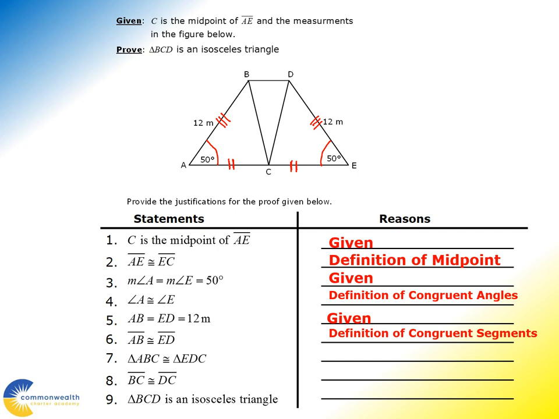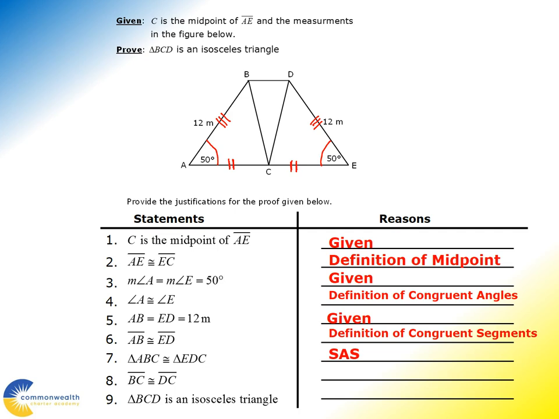We can see here that with the congruences we've established in the prior steps, we do have this side-angle-side pattern, which means we have two pairs of congruent sides and a pair of congruent corresponding included angles. So by side-angle-side, I can state that these two triangles are congruent.